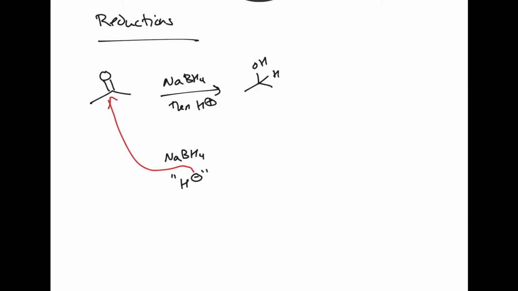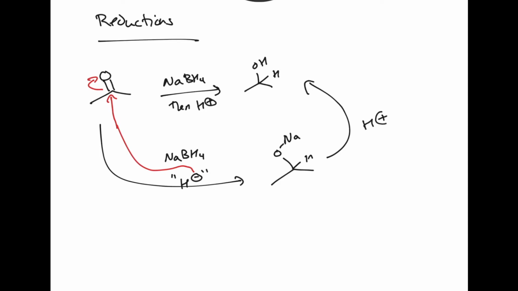It adds to the carbonyl group. Oh, we'll say sodium on it. It can also be the boron, right? Then we add our acid, and that gets us to our product. But we went over 3 reagents before, right?